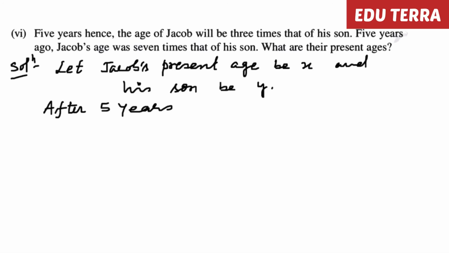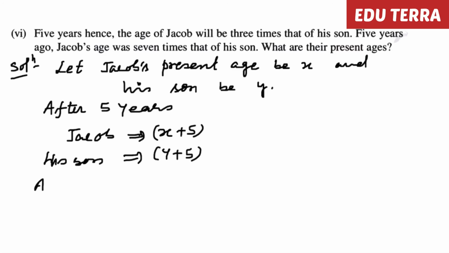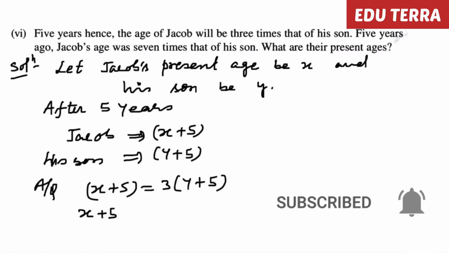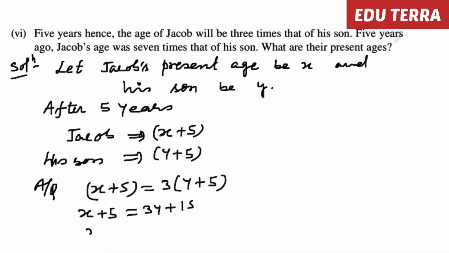After 5 years, so according to question, x plus 5 equals 3 times y plus 5. So x plus 5 equals 3y plus 15. So x equals 3y plus 10.